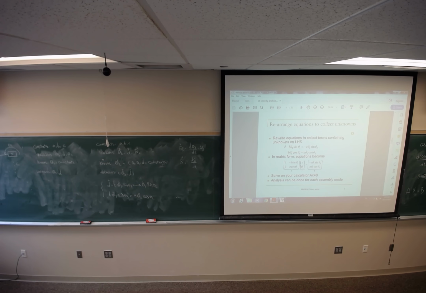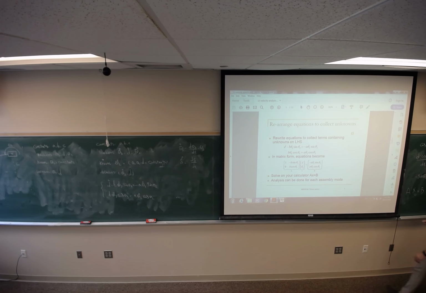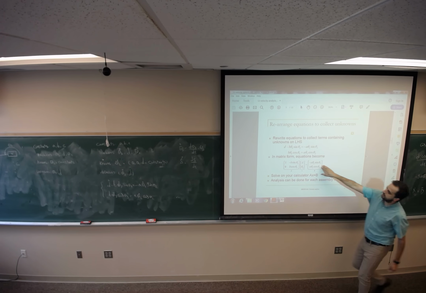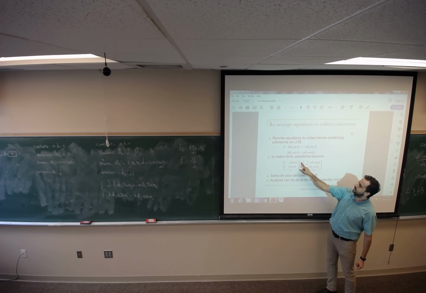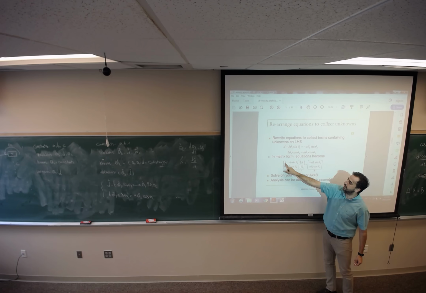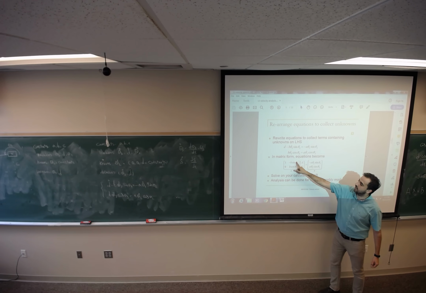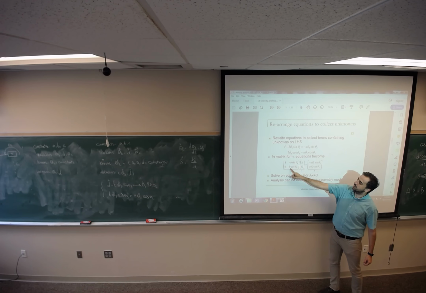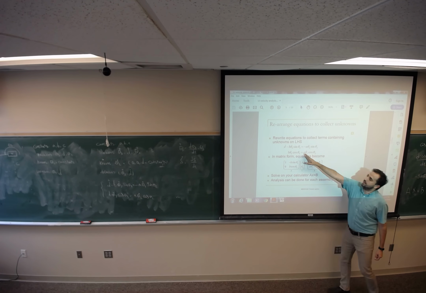2 rows, 1 column. So the first row represents the first equation. What would be the coefficient of the first variable in the first equation? 1. Just plug in 1. What would be the coefficient of theta dot 3 in this first equation? Negative b sine of theta 3. And the constant part is going to be this.